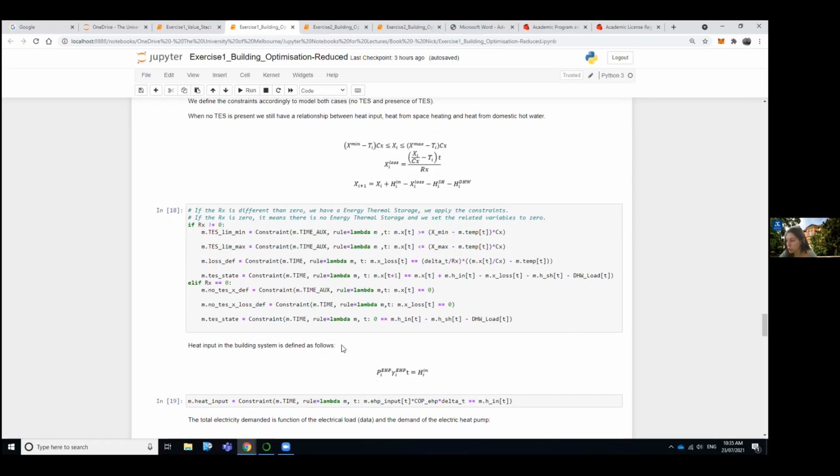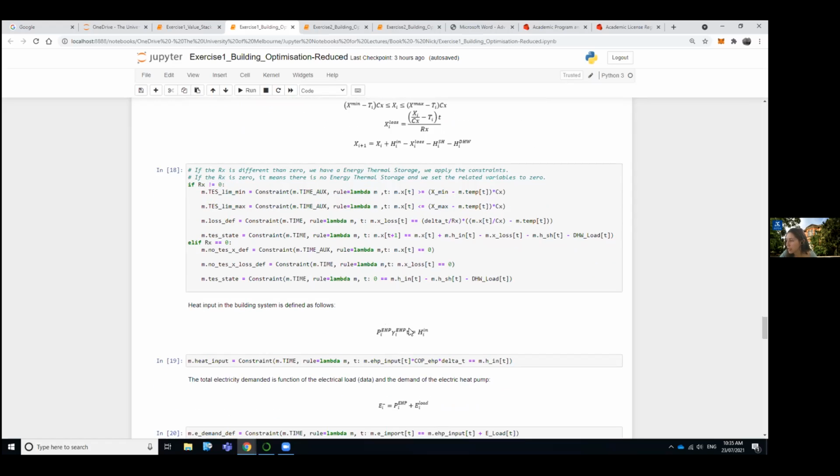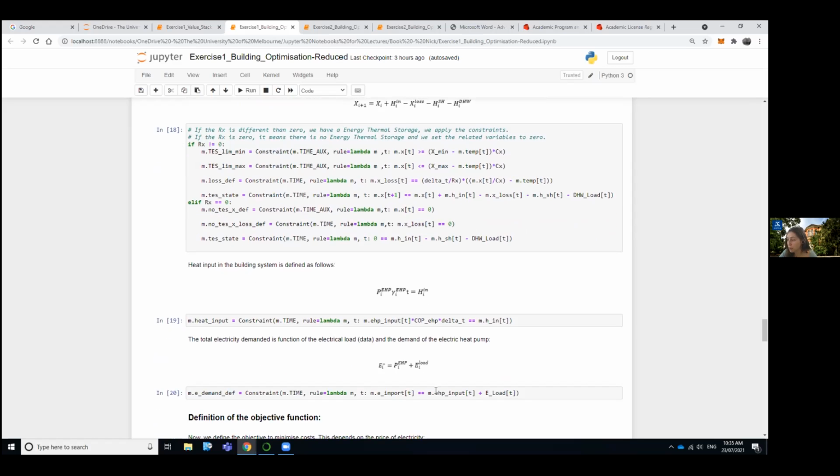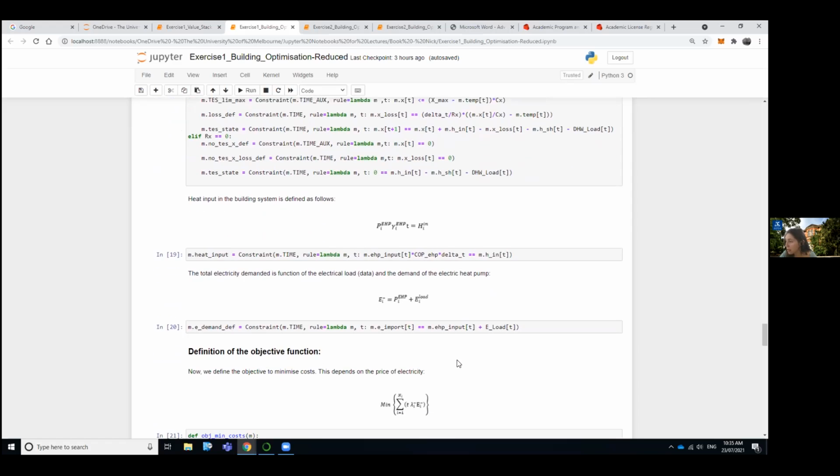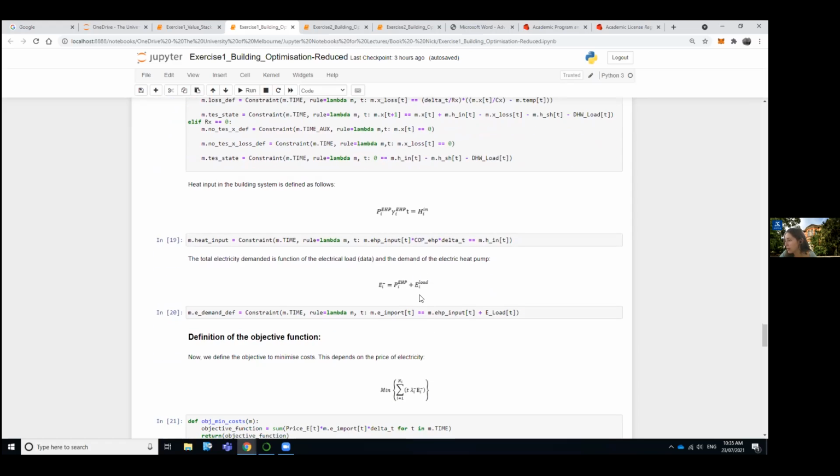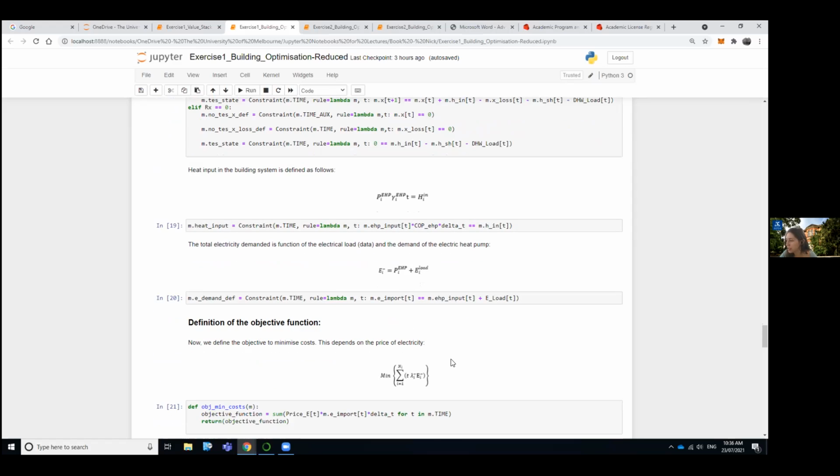And the heat input, because we only have one heating unit, is defined by the electric heat pump here. The total electricity import of the house will be the power of the heat pump and the power demanded by other appliances like lights, computers, the fridge.